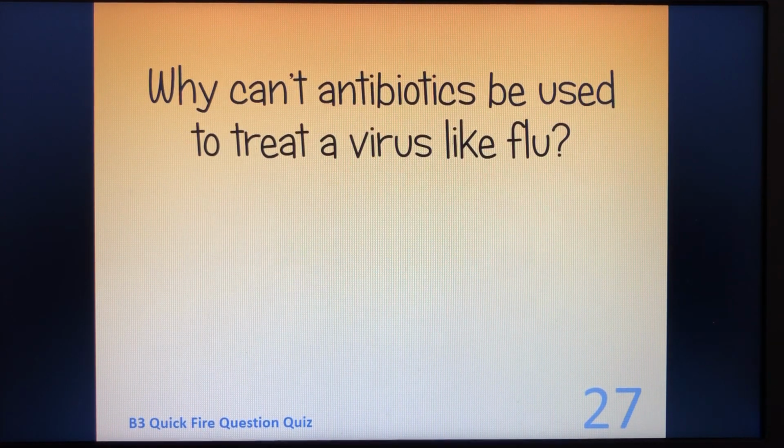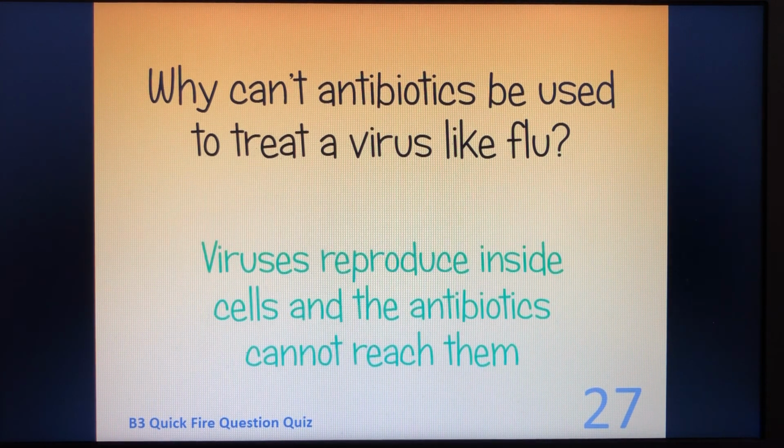Okay, question 27. Why can't antibiotics be used to treat a virus like flu? Now, if you can piece together bits from the other questions in this B3 quickfire question quiz, then you can answer this question. And the answer is, viruses reproduce inside cells, the antibiotics can't reach them.